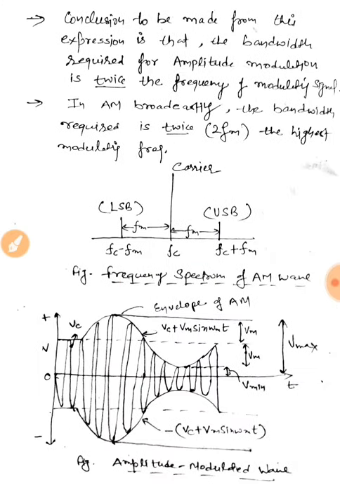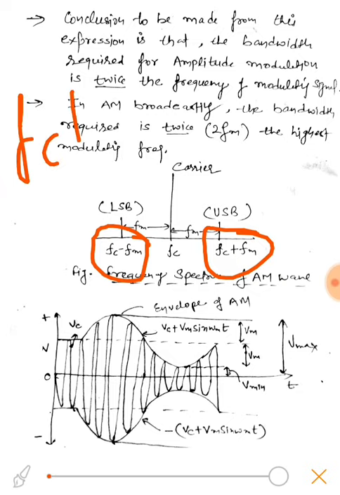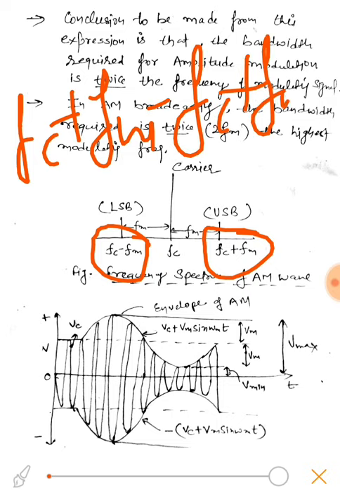Okay, so a conclusion from this can be made about the bandwidth required for the amplitude modulated wave for the transmission. It would be Fc plus Fm minus Fc minus Fm, that is Fc plus Fm minus Fc plus Fm.